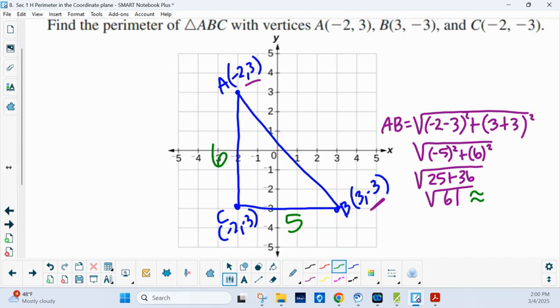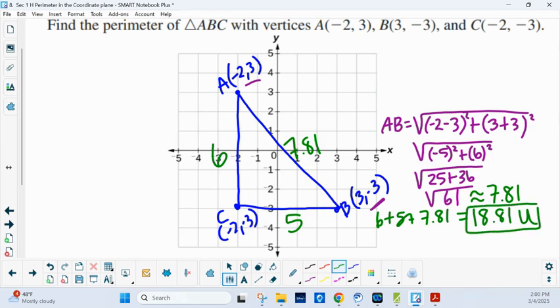The assignment asks for the hundredth, 7.81. Okay, so label that one. Now we know all 3. We can find the perimeter of the triangle by adding all 3. Tell me what you're getting. 18.81, and we don't know if it's inches, feet, yards, whatever, so you can just say units. 18.81 units. Okay, so no big deal.